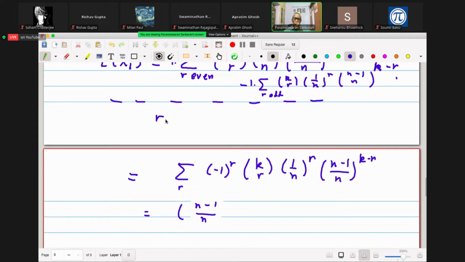It has to be like this, whole power k, which we may write as 1 minus 2 by n whole power k.